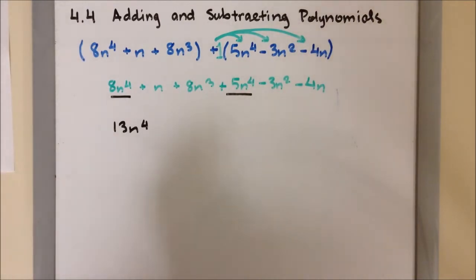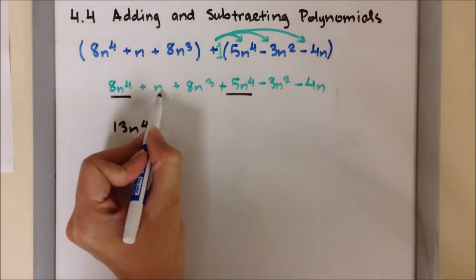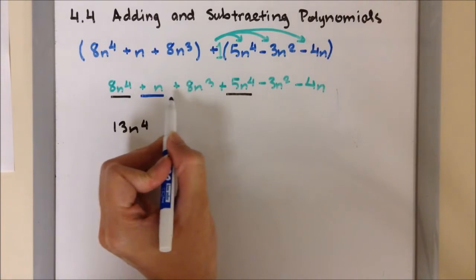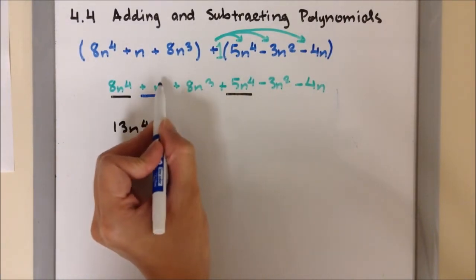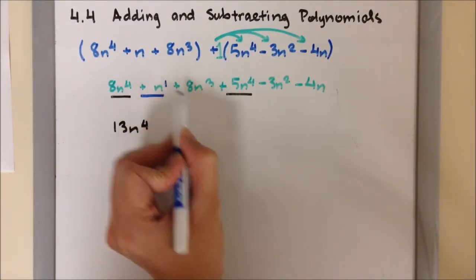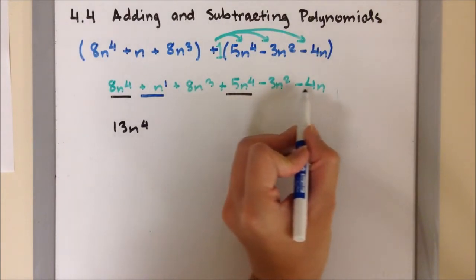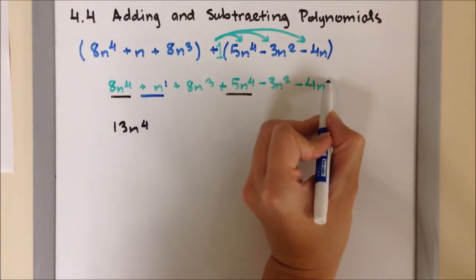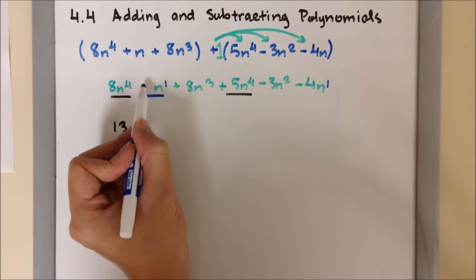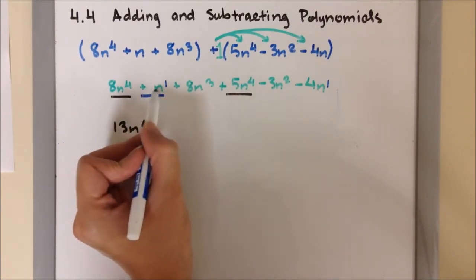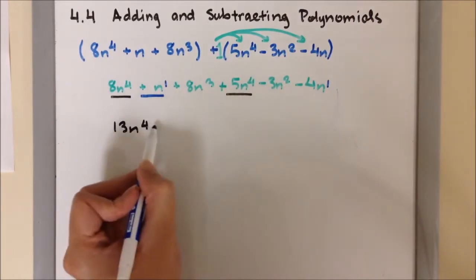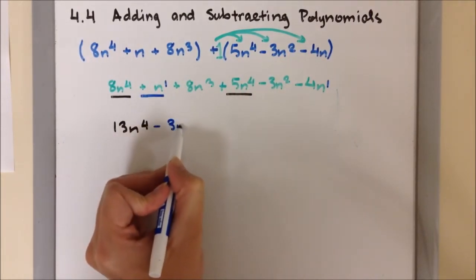Alright, next I'm going to look for any n's. That's our second term. So the n where it's by itself, meaning invisible 1. And I'm looking, and there's another one where it has the invisible 1. So here is just a positive n, or positive 1n, minus 4n. That's going to be negative 3n.